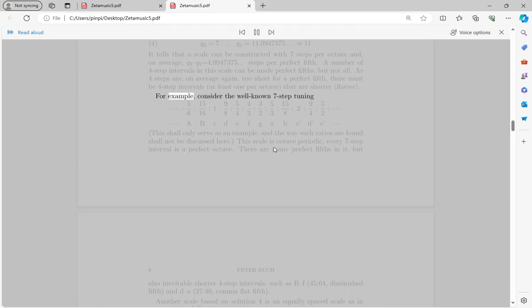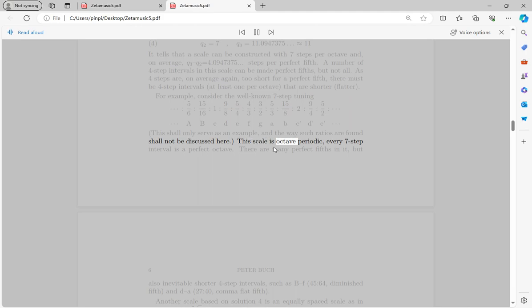For example, consider the well-known 7-step tuning: 1, 9/8, 5/4, 4/3, 3/2, 5/3, 15/8, 2, with notes C D E F G A B C. This shall only serve as an example, and the way such ratios are found shall not be discussed here.